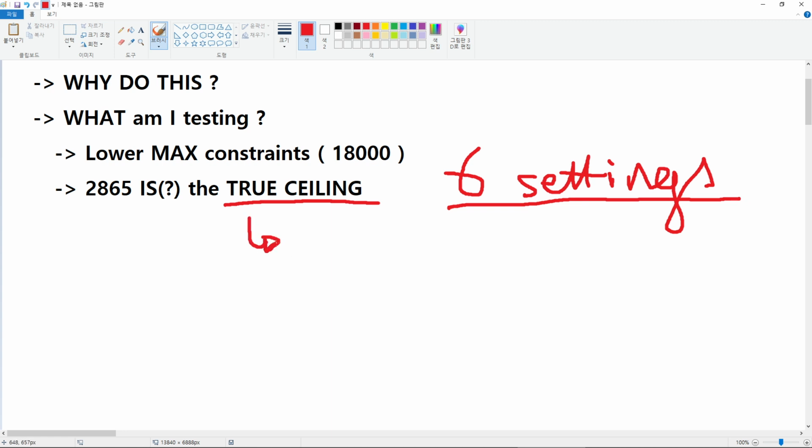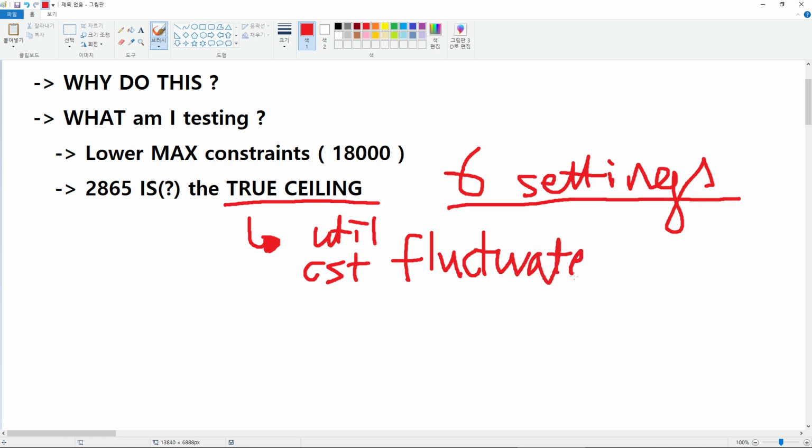But what's the true ceiling? How do I know what the true ceiling is if the constraint values and utility values change? If these fluctuate, how do I know? Well, I cheated. Well, I don't really think it's cheating, but it can feel like cheating.